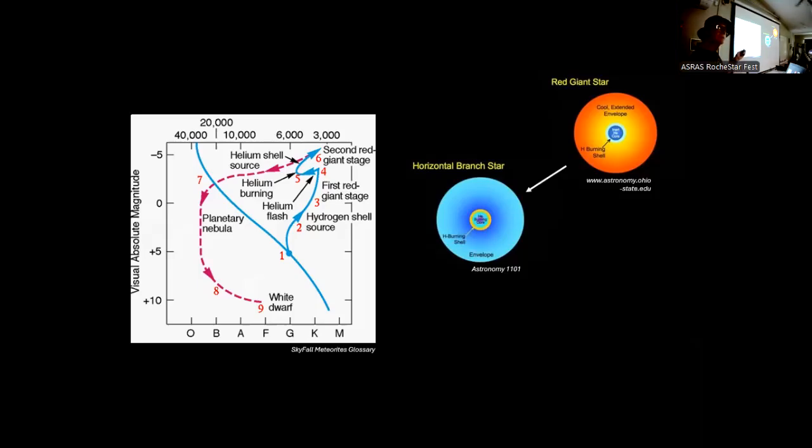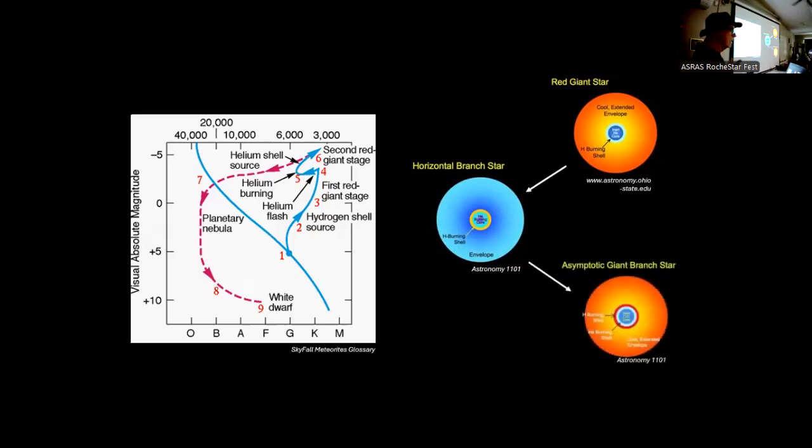Again, it moves to the left, hotter, remains about the same size, it stays there. The branch is horizontal for luminosity, but moving towards the hotter end of the spectrum on the curve. And then the final stage is the asymptotic giant branch star, where you've got helium burning in the core after the helium flash, and carbon and oxygen here in the core continuing to burn, and it goes back up because it gets hotter and more luminous as these other elements ignite.